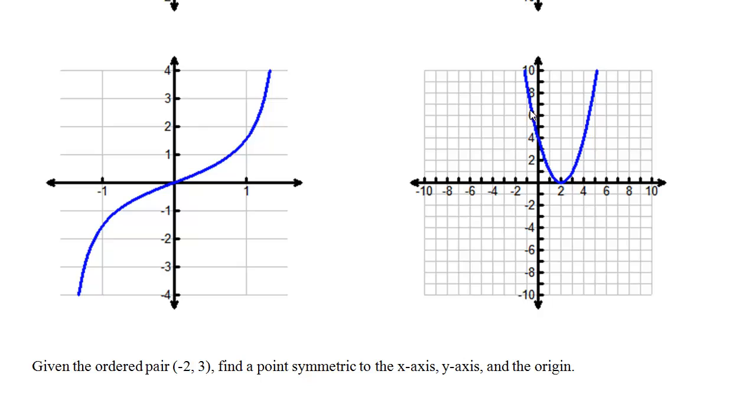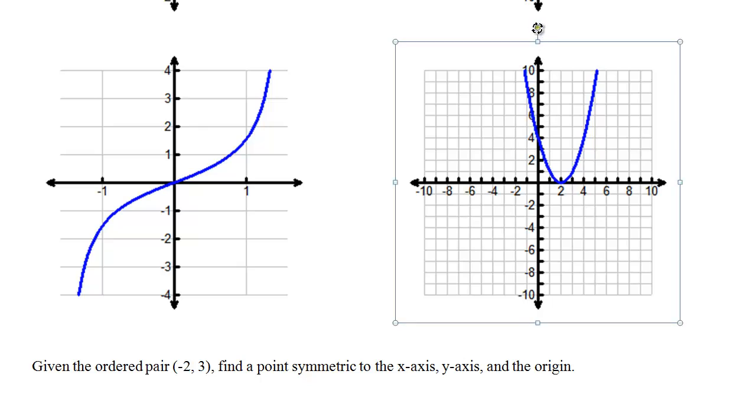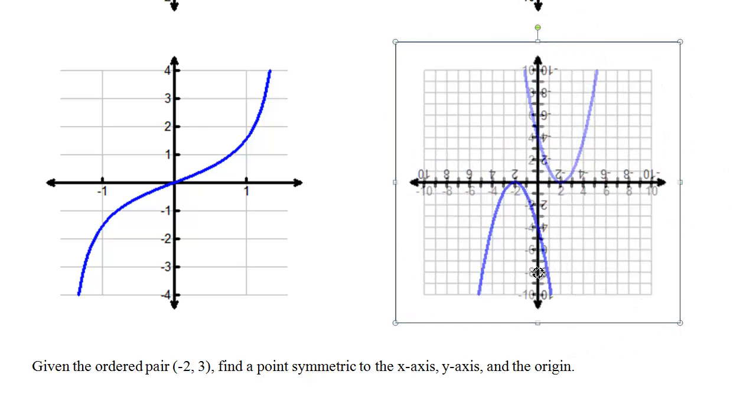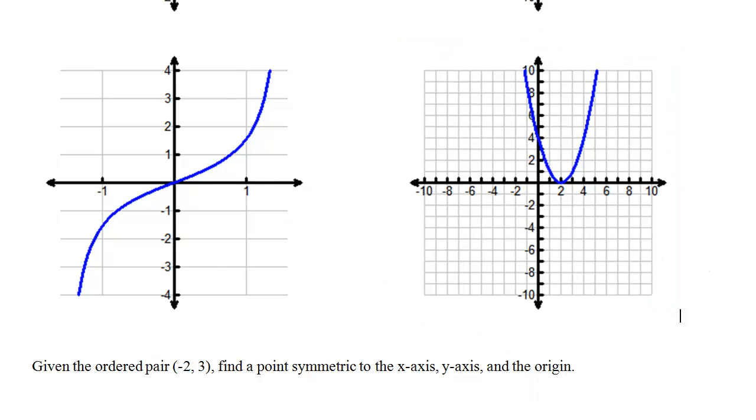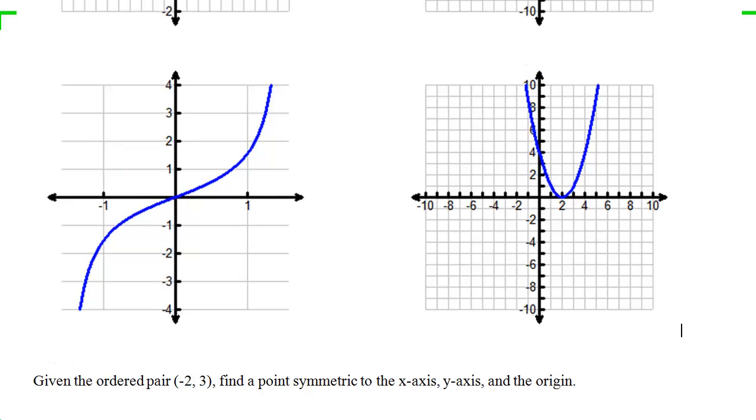Okay, let's take a look at this one. If I were testing for symmetry about the origin, remember 180-degree rotation is an easy check. It does not. If I was looking about the y-axis, this would have to all be reflected over. So it looks something like that. Went a little wide there, that's okay.